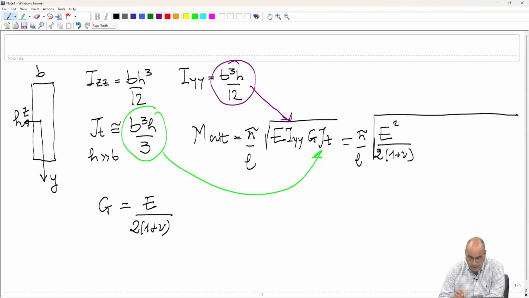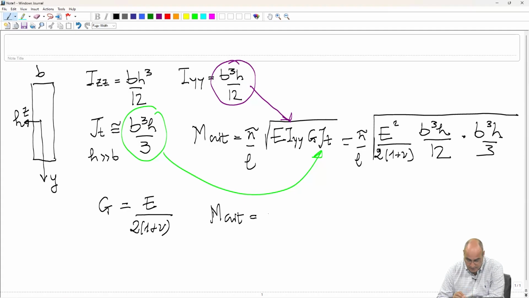Then you have J_YY, which is this, b cubed h over 12 times b cubed h over 3, which means that your M critical is equal to pi over L times E, because E squared you bring out of the square root, times the square root of 1 over 2(1 + ν).